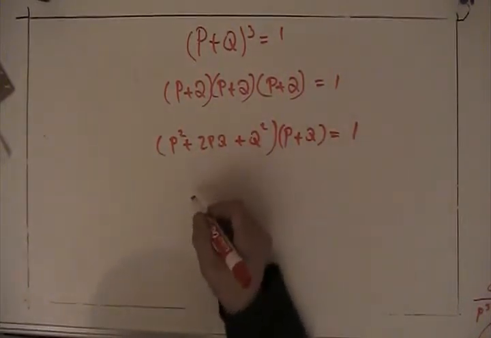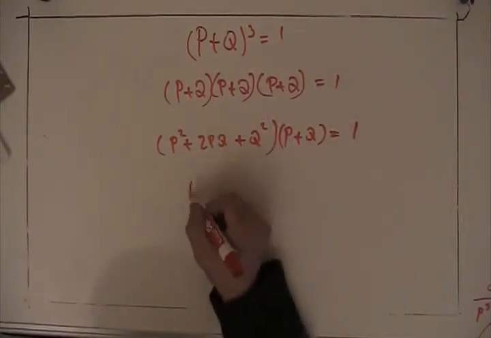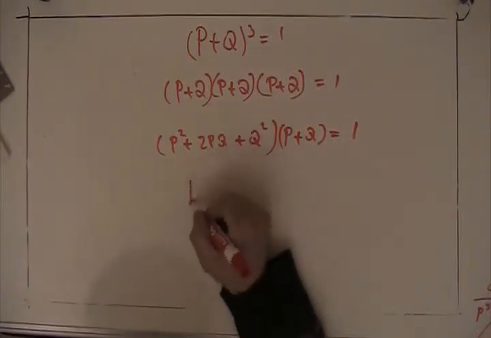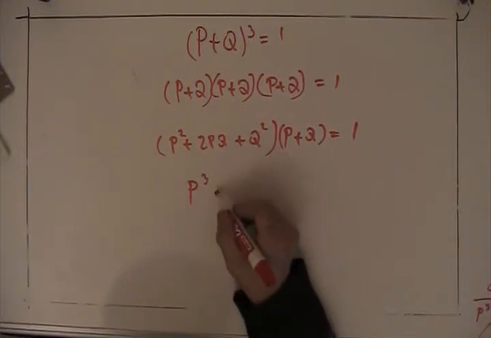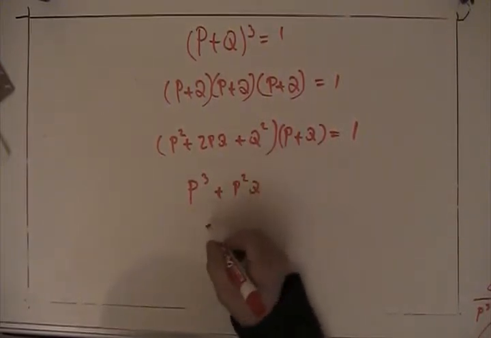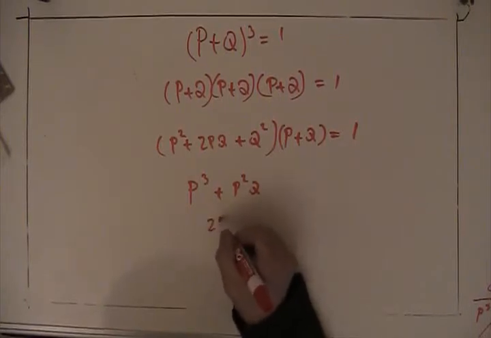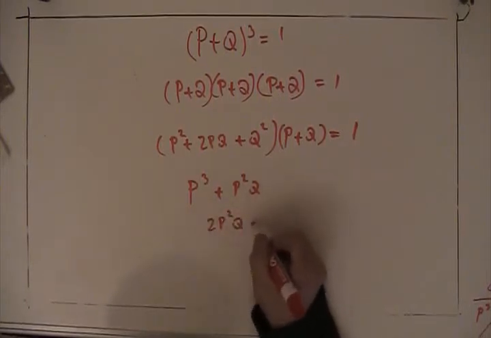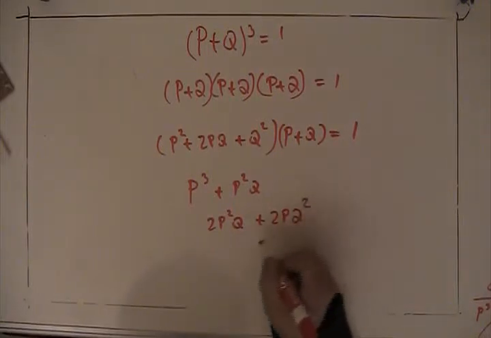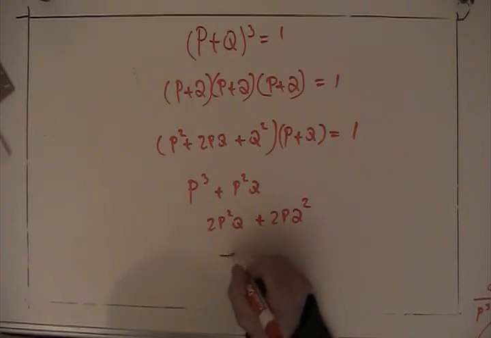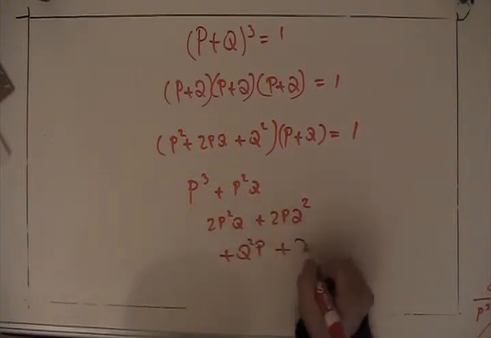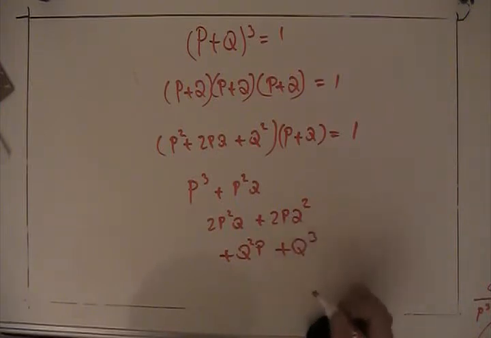And we could break that down, or multiply it out I should say, and we get P cubed plus P squared Q plus 2P squared Q plus 2PQ squared, plus Q squared P plus Q cubed.